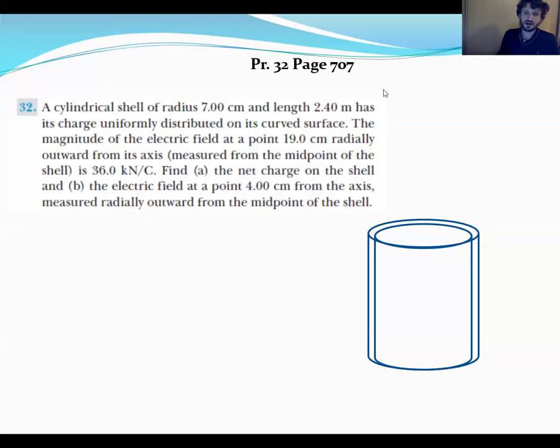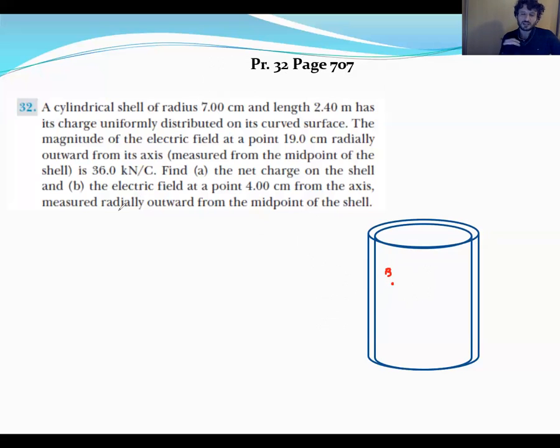Okay, I forgot part B. We have to calculate the electric field at a point 4 centimeter from the axis. Here we have the axis and I want to calculate the field, let's say at the point B. At the point B, we have to apply Gauss's law.